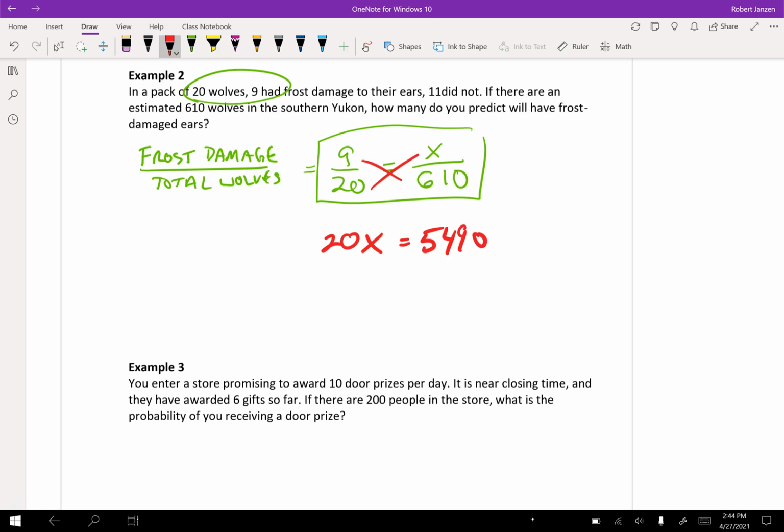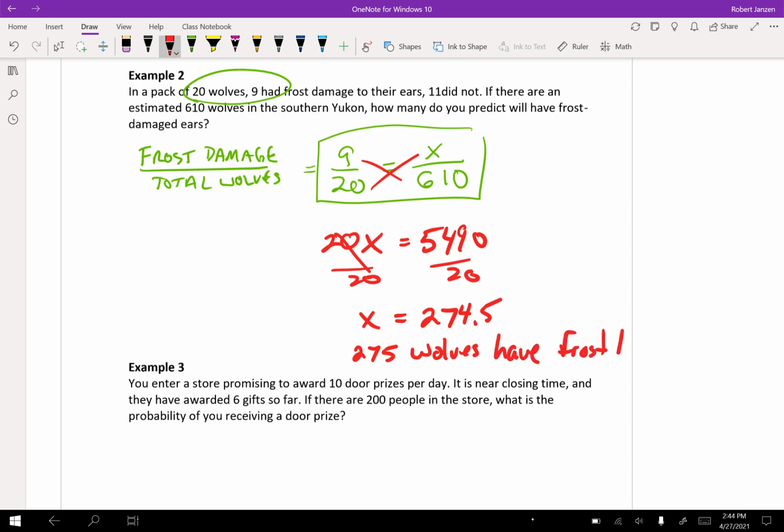Okay, and then if I want to get x by itself, I'm going to divide both sides by 20, because it's the opposite of multiplying by 20, and I get x is 274.5 wolves will have frost damage, but you can't say 0.5 of a wolf, so we're going to say approximately 275 wolves have frostbitten or frost damaged ears.